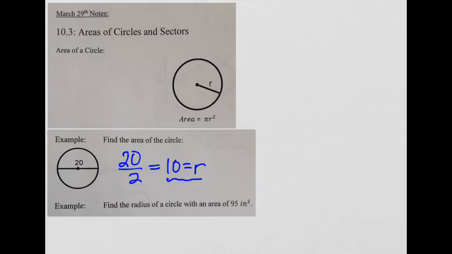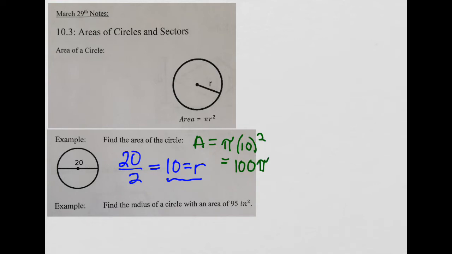So we have area equals pi r squared, so 10 squared. And that gives us 100 times pi, or pi times 100.